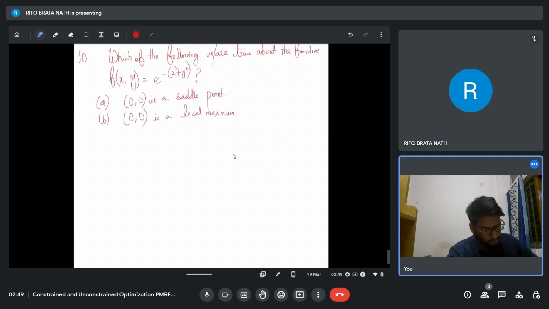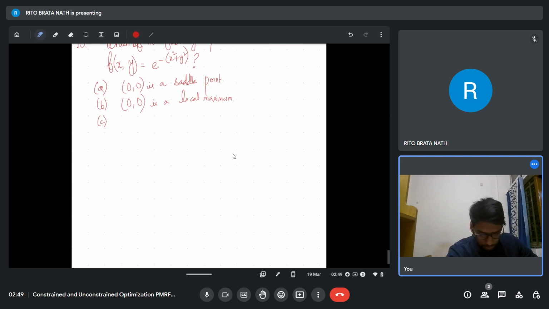Then you have option C, which says (0, 0) is a local minimum. Then you have option D, which is none of the above.